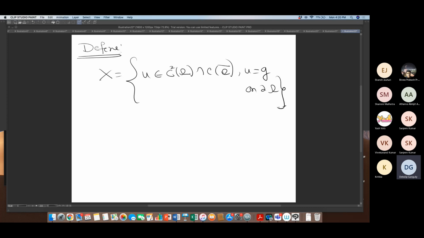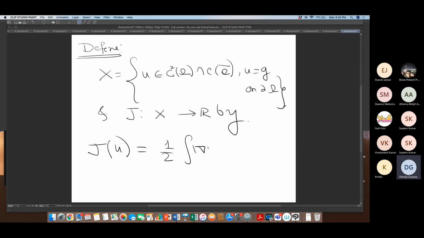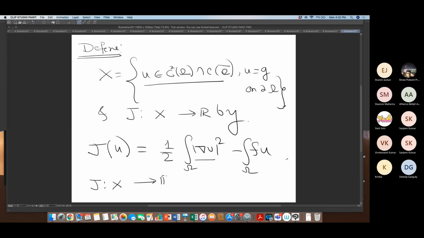I define a space X and a function from X to R by J of u is half integral of gradient of u square minus integral of f u. Everything is well defined because u is a C2 function and omega is a bounded domain, so J is a function from X to R.